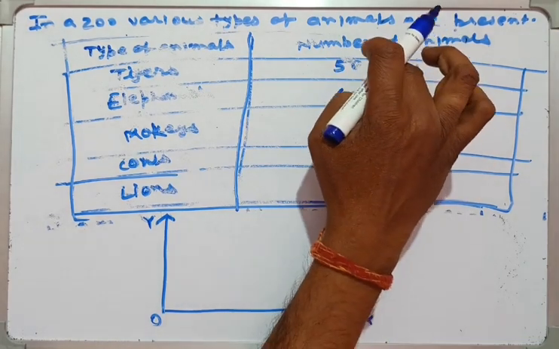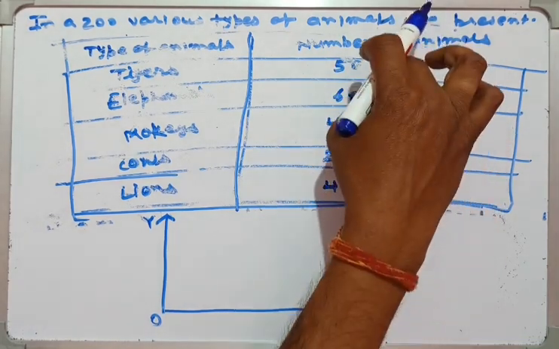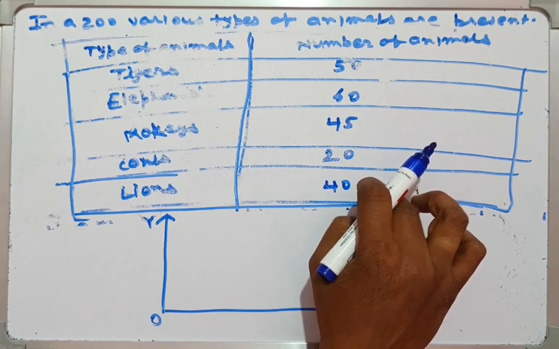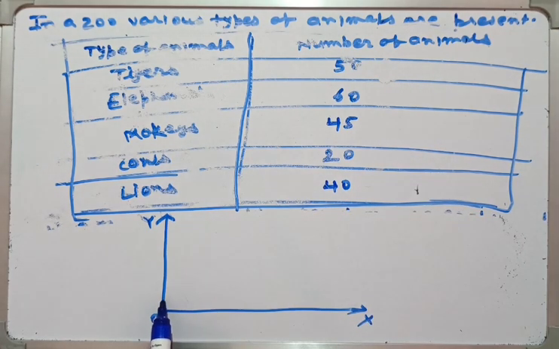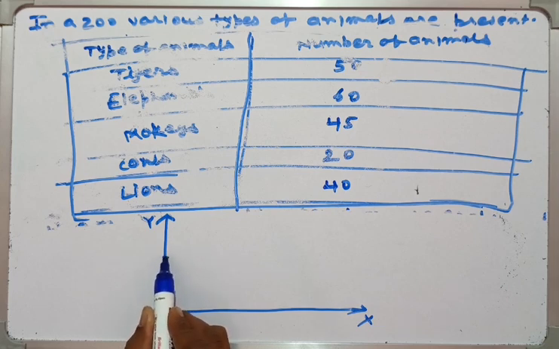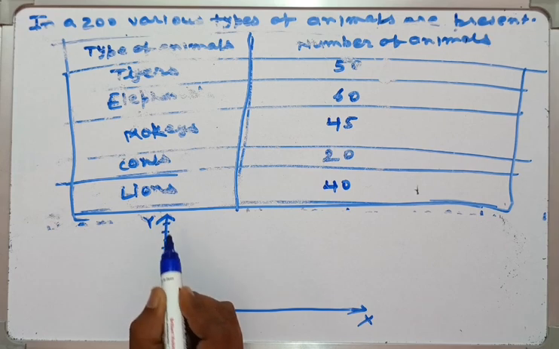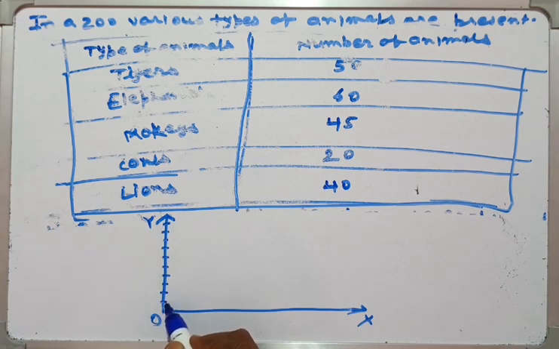Guys, see here, there are 5 types of animals, so you have to draw 10 lines here, 1 2 3 4 5 6 7 8 9 10, and maintain a constant gap between these lines.